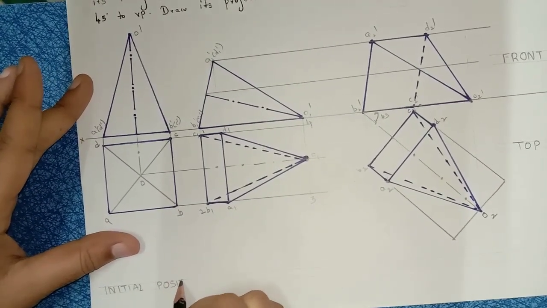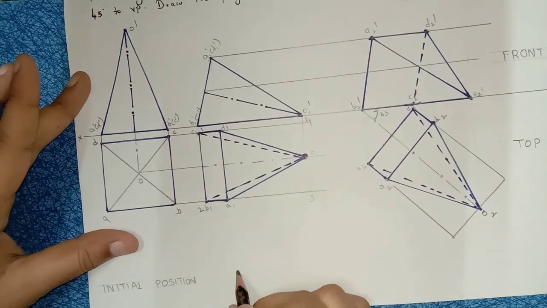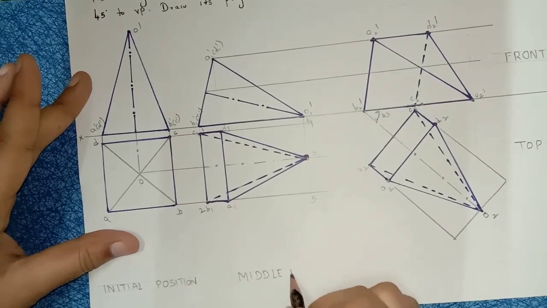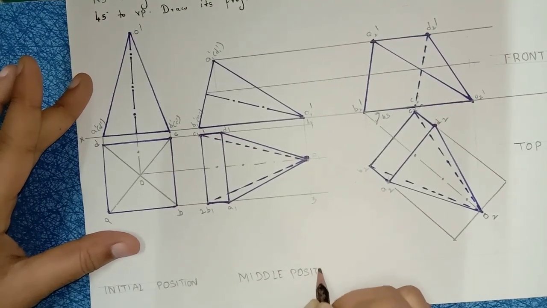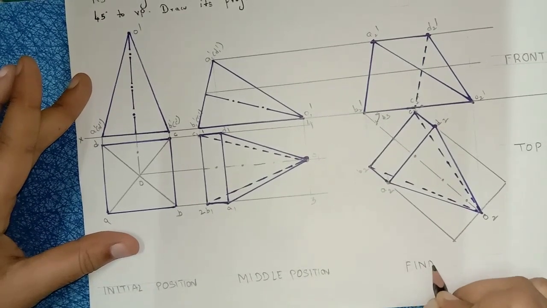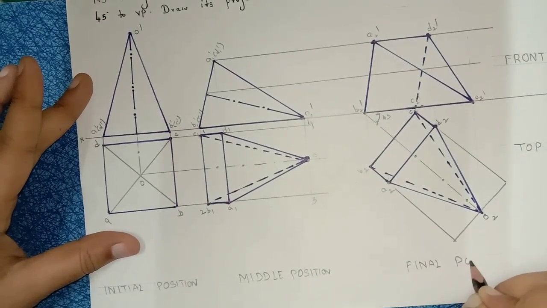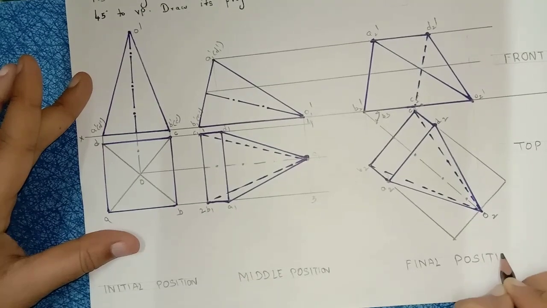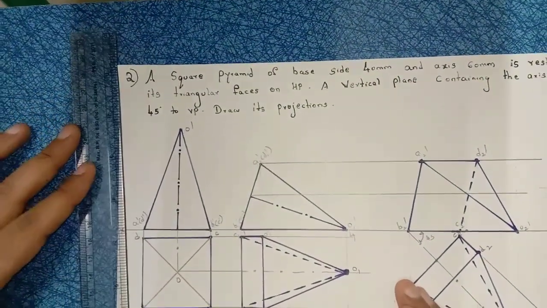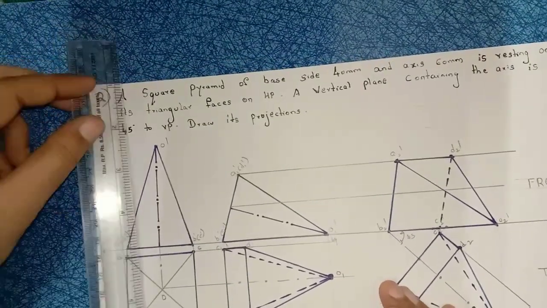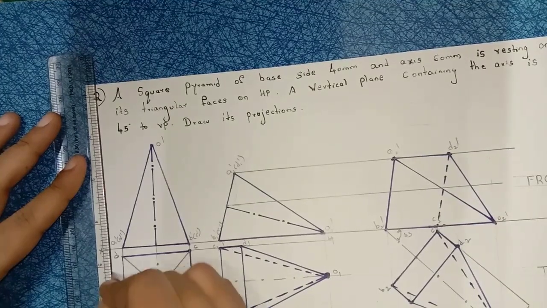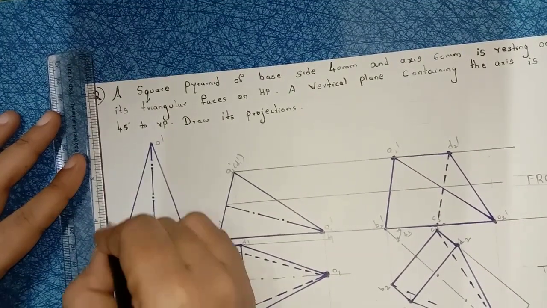This is your initial position, middle position, final position, right? And mark the dimensions properly. In this they mentioned length of the square is 40 mm. So take 40 mm and axis height is 60 mm.